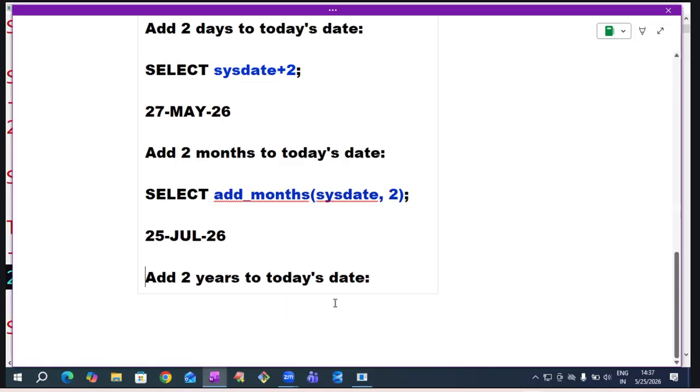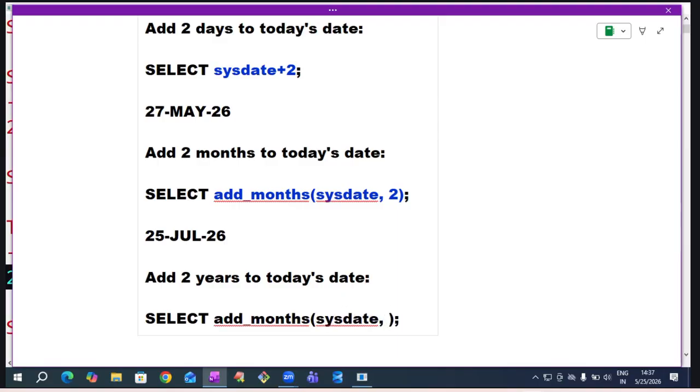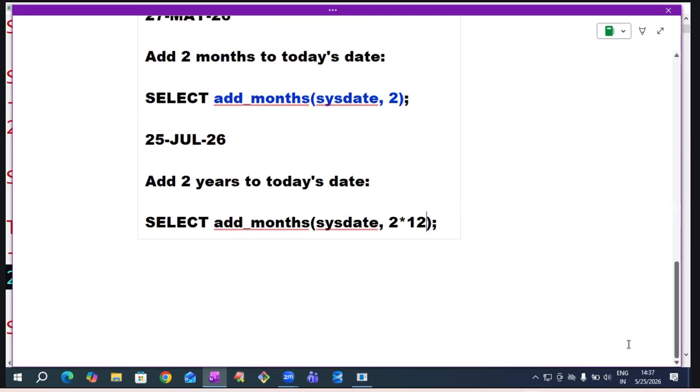Then adding 2 years. How to add 2 years? To add 2 years, there is no add years function. To add years also, we use the add months function only. 2 years means 24 months. 24 months I am adding. Or simply you can write 2 into 12. Suppose tomorrow you want to add 10 years, 10 into 12.